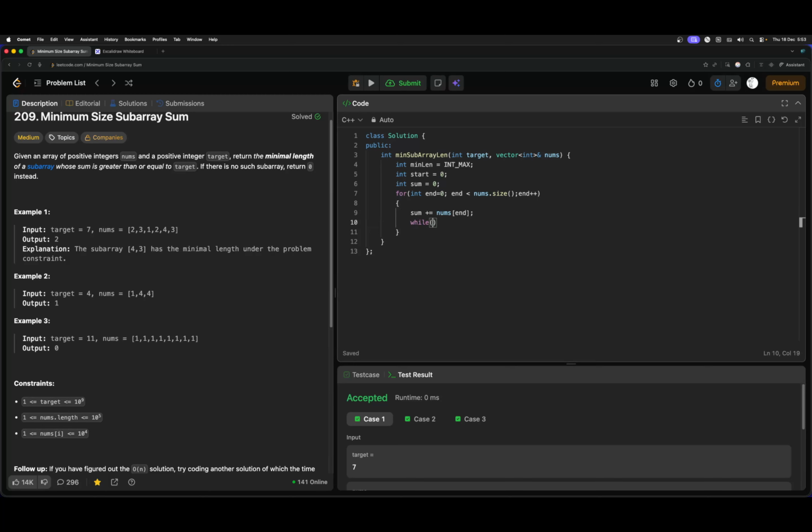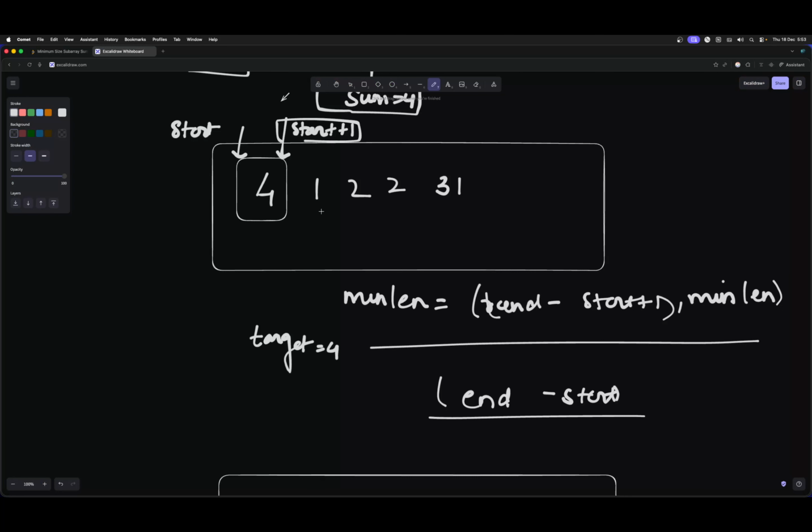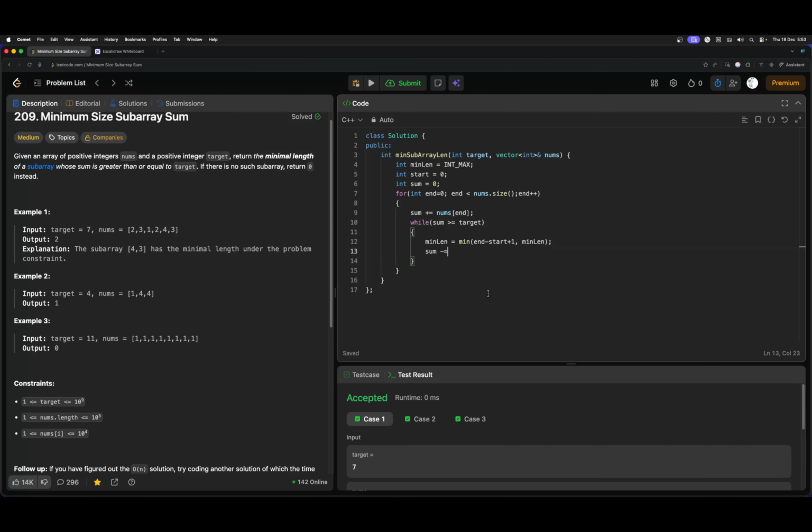And while sum is greater than or equal to target, we need to update our length to handle this thing, end minus start. Then we can decrement the sum, because as we are moving ahead, we need to decrement the value from the sum itself.